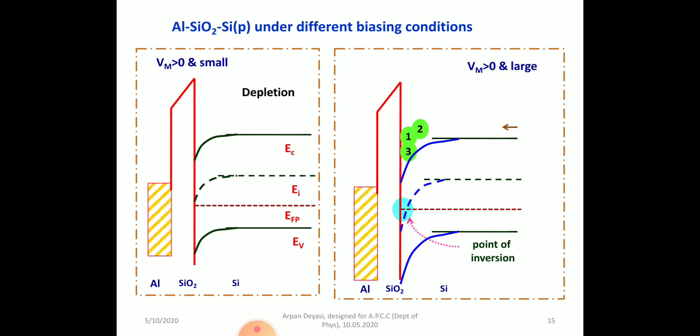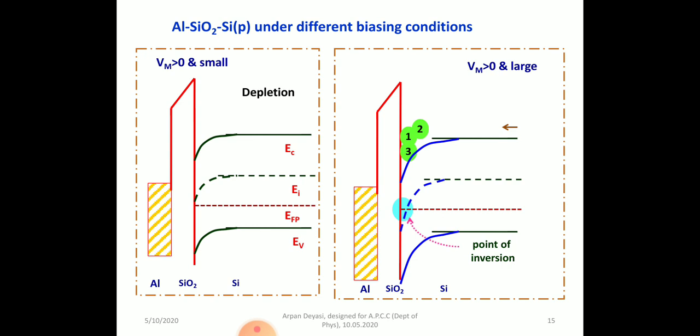Because if the intrinsic Fermi level goes below the extrinsic Fermi level, then the extrinsic Fermi level in that case will be closer to the conduction band. If it is closer to the conduction band, then it will behave as an N-type semiconductor instead of a P-type semiconductor. Because in a P-type semiconductor, the extrinsic Fermi level will be closer to the valence band, whereas in an N-type semiconductor, the extrinsic Fermi level is closer to the conduction band.